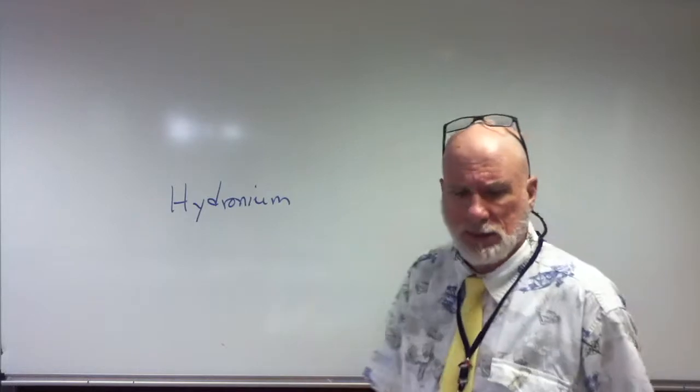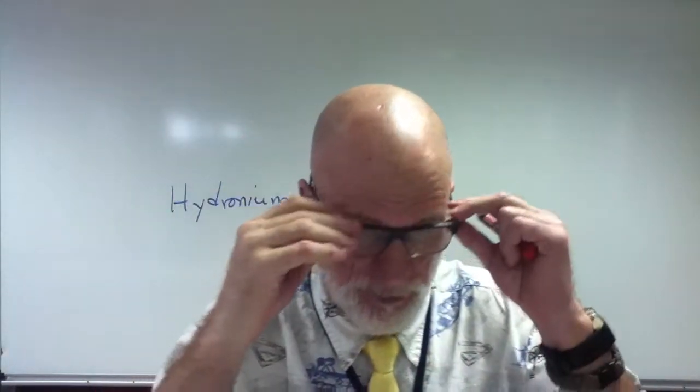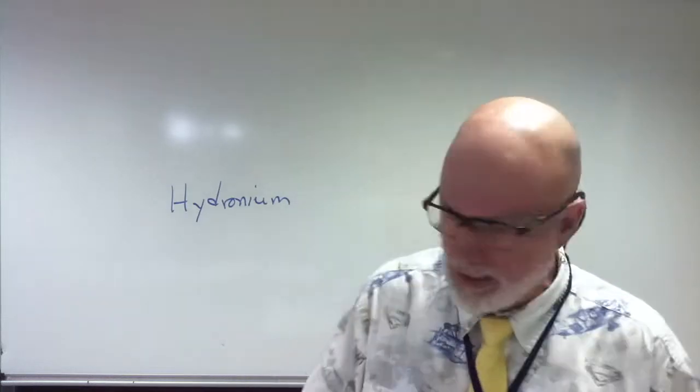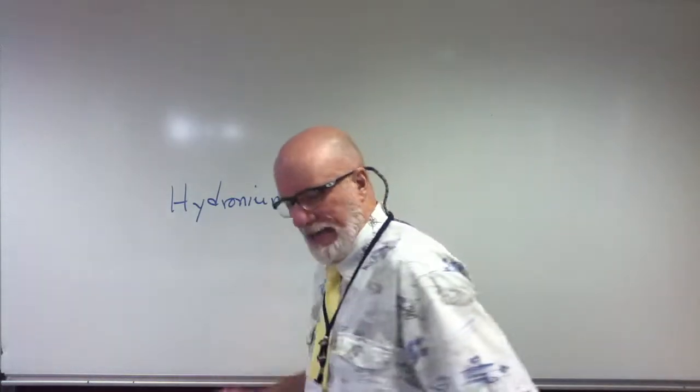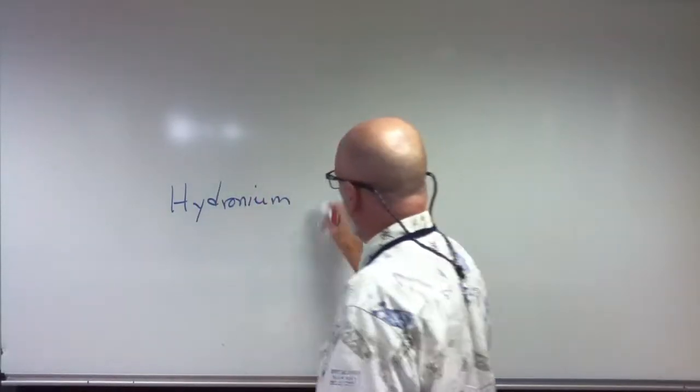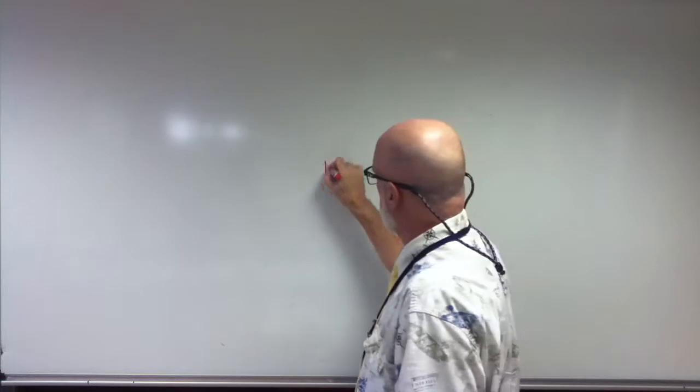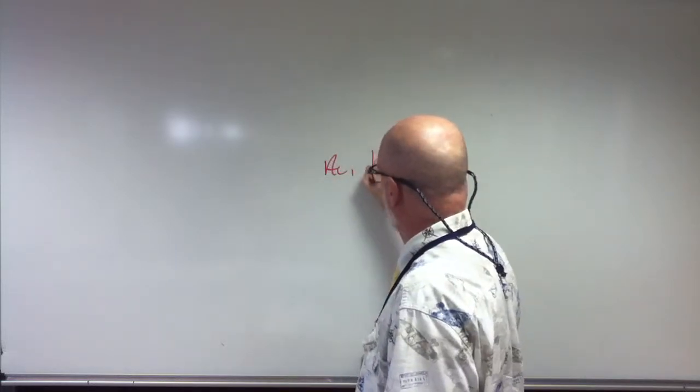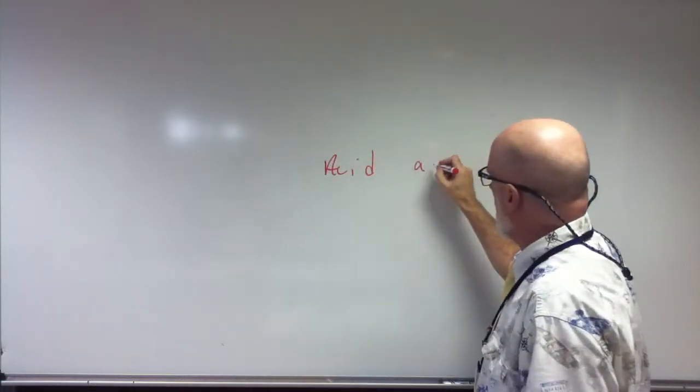Now, what about Lewis? A Lewis acid is the substance that can accept a pair of electrons, and a Lewis base donates a pair of electrons. Okay, so an acid is what? What did you say it was, Sarah? It accepts a pair of electrons.